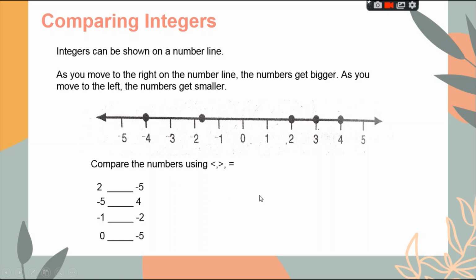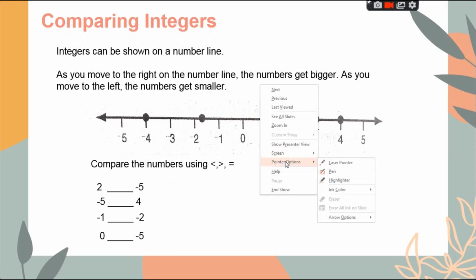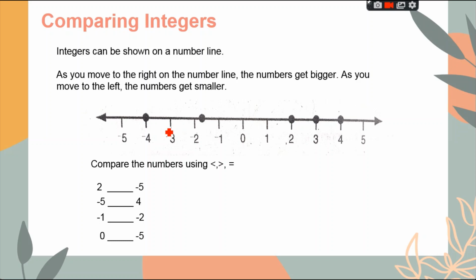Now let us compare the following numbers using our number line. Compare the numbers using the symbols less than, greater than, and equal. So we have here +2 and -5. Here is our +2, and here is our -5.